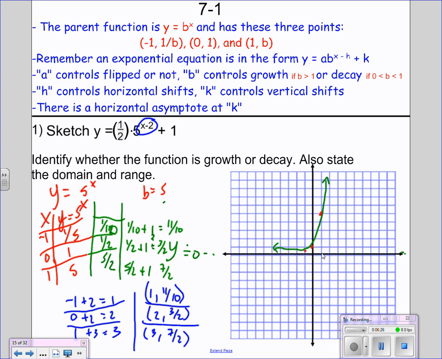So 1 and 11/10, it's a little higher than 1. So that's about here. 2 and 1.5. So that's a little higher than the previous dot. And then 3 and 3.5. So that's here.